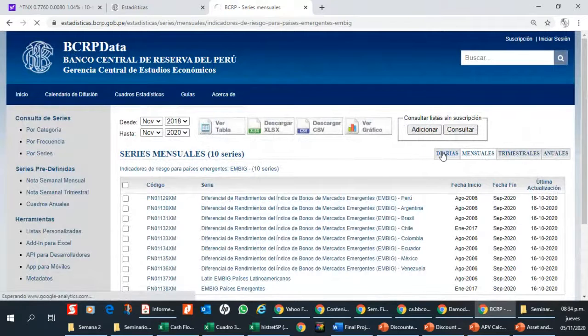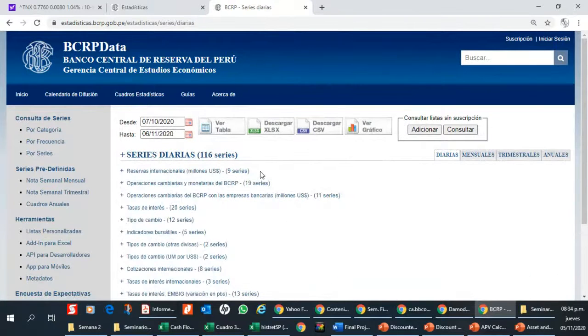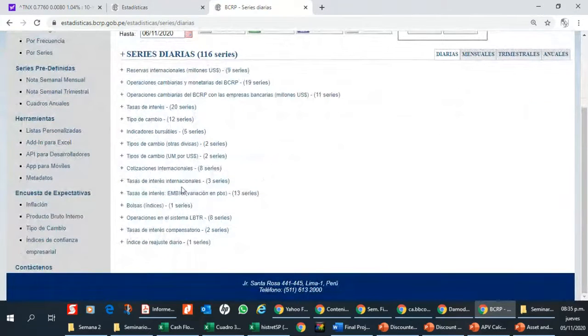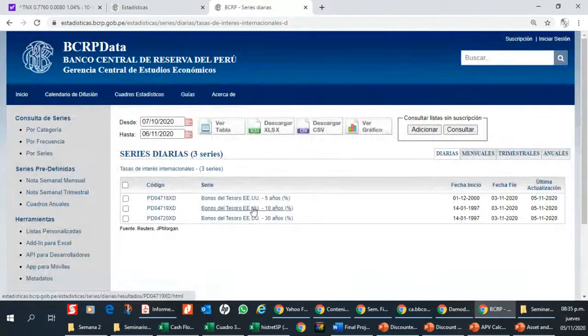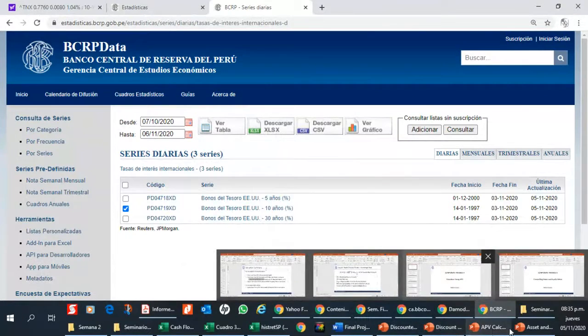I have daily interest rates, and here is the Treasury bond for 10 years. You actually have the information up until November 3rd, so 2 days ago. So there's going to be plenty of data. We can download that and come up with the data we need right now for our risk-free rate.